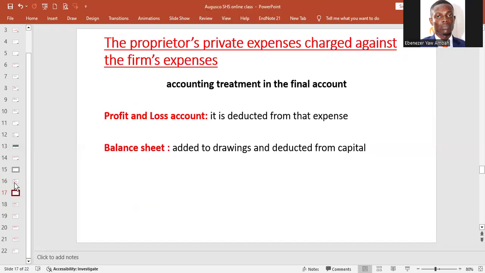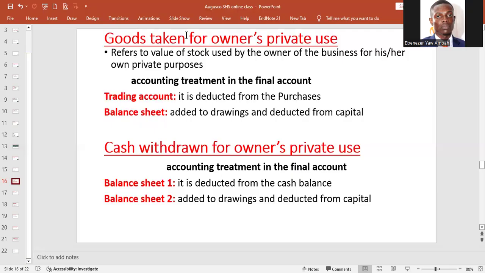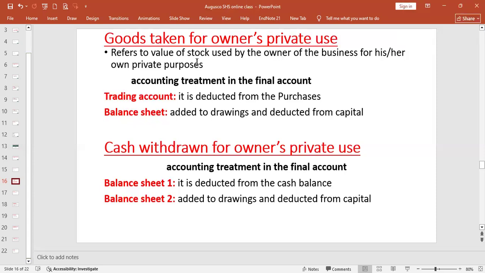So let's pick the first one. Goods taken for owner's private use. Anytime the owner takes stock or goods for his or her private use, this is the accounting treatment.